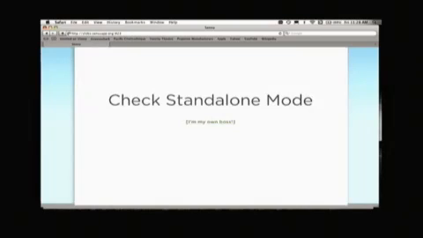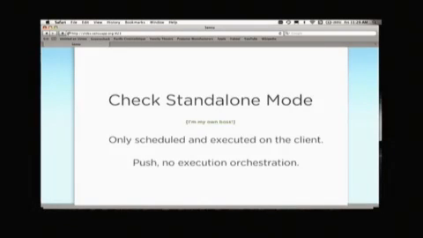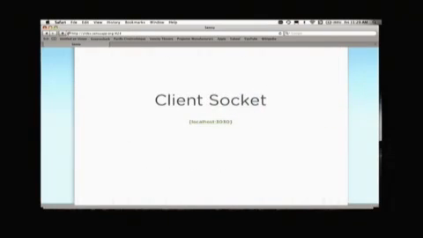Alternatively, you can also do something called standalone mode, which basically, if you're familiar with Nagios and NSCA or passive checks, you basically drop a check definition onto a client, it schedules its own execution, and it's simply just a push model. So there's no central orchestration of execution, but it's super simple to configure, and it naturally staggers execution out across your infrastructure.